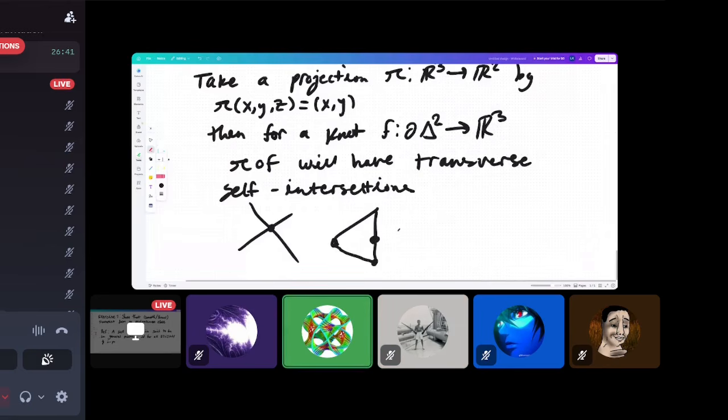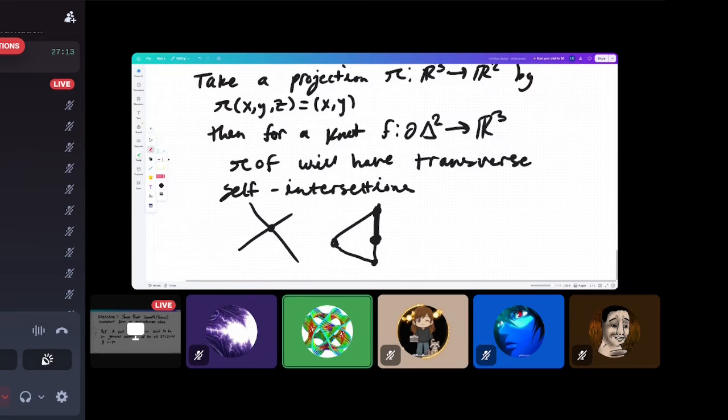We can't have this whole line here projecting onto a single point. Transverse just means that we can see all the lines independently. So when we project down, we can see every single line. None of the lines are squished down a dimension. They're all crossing each other completely, not lying over one another. So that's what transverse means.